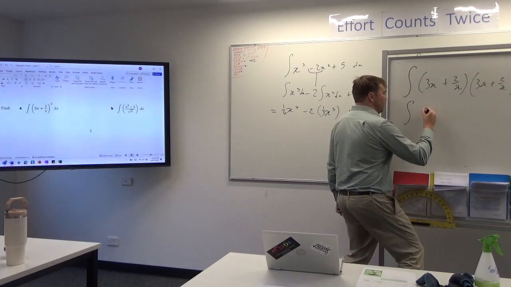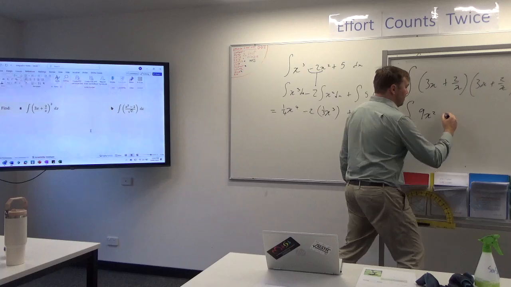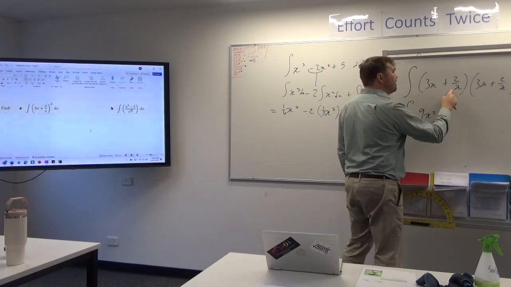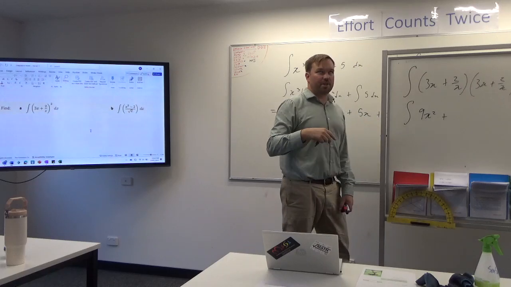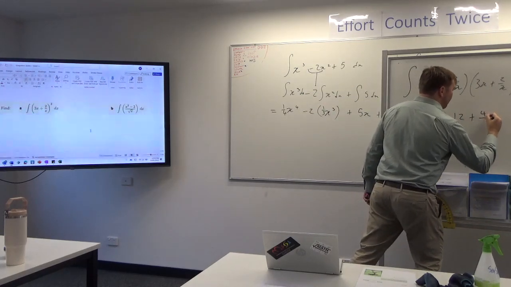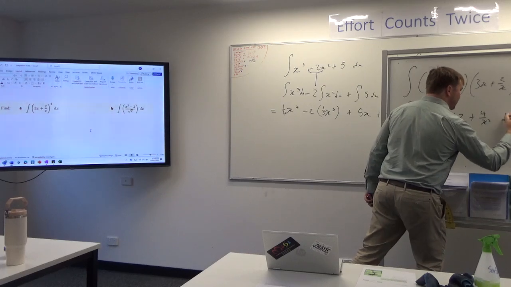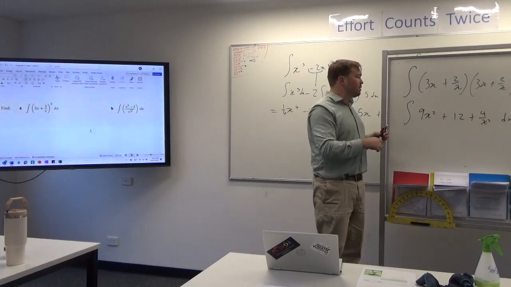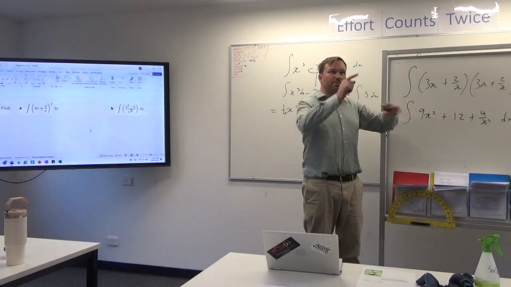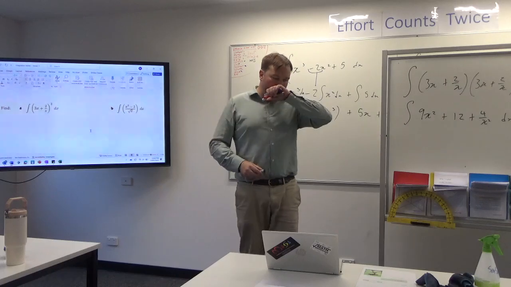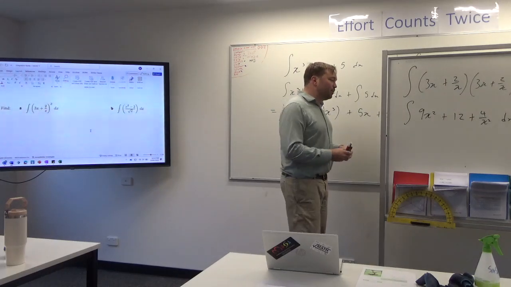So this is the integral of 9x squared plus 3x times 2 on x, which is 6, times 2, which is 12, plus 4 on x squared dx. So I've done the middle two terms as the shortcut, but you can completely use FOIL and then collect like terms and you'll end up here. Now it's attackable.